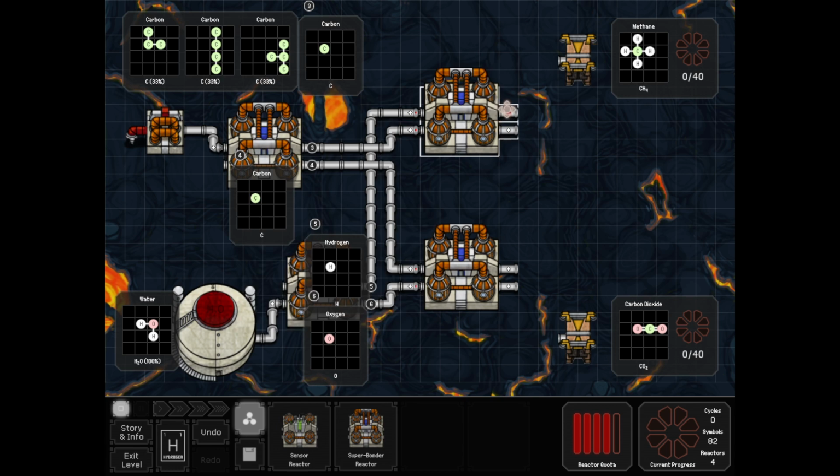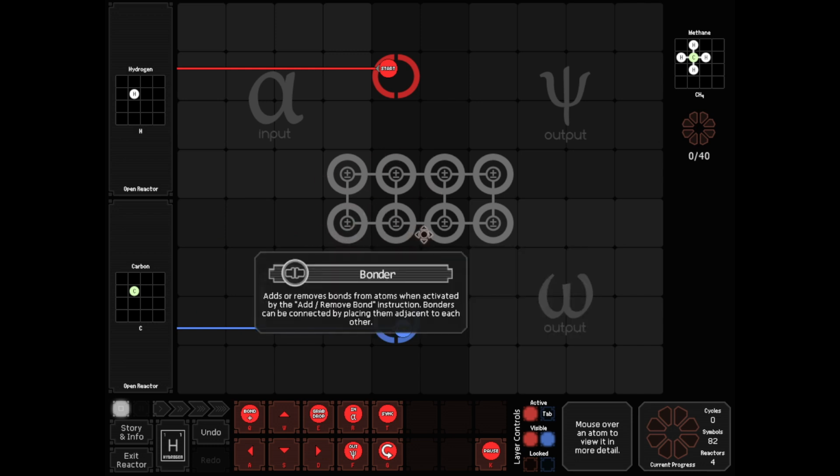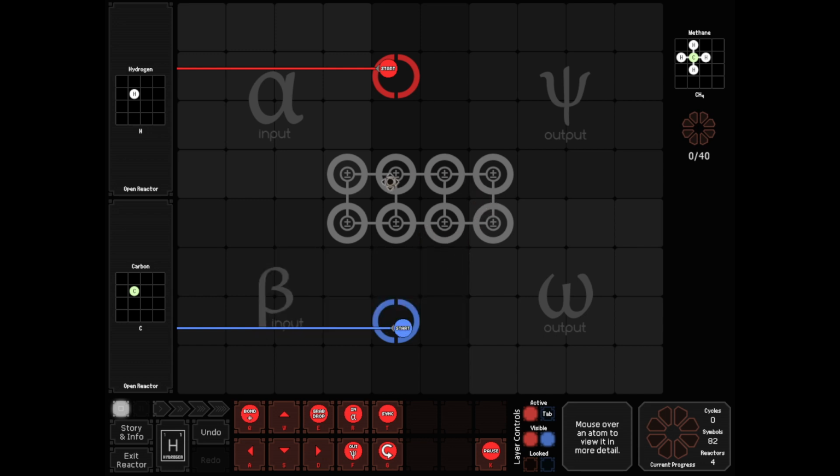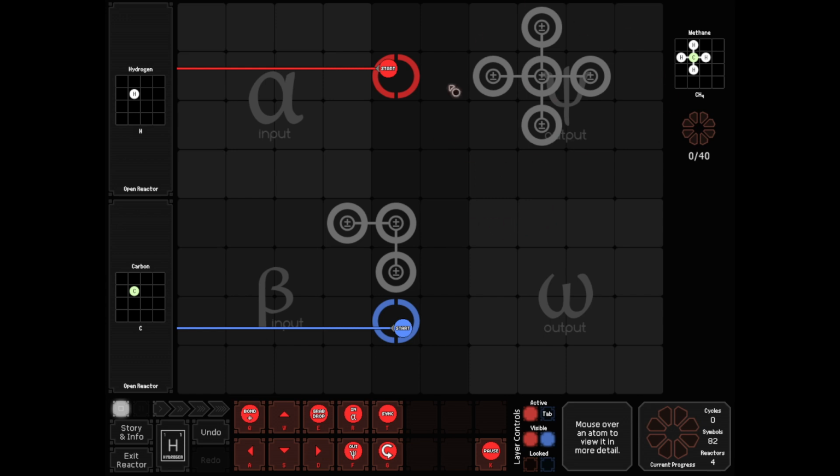Alright, number 3, methane. Let's assemble this. We get 1 carbon, 4 hydrogen. We could just put the carbon in place. We have enough of these that we could do that. Actually, why not just put this at the output? Because being on the edge of the map makes it a little bit awkward. That's why we're not doing that.